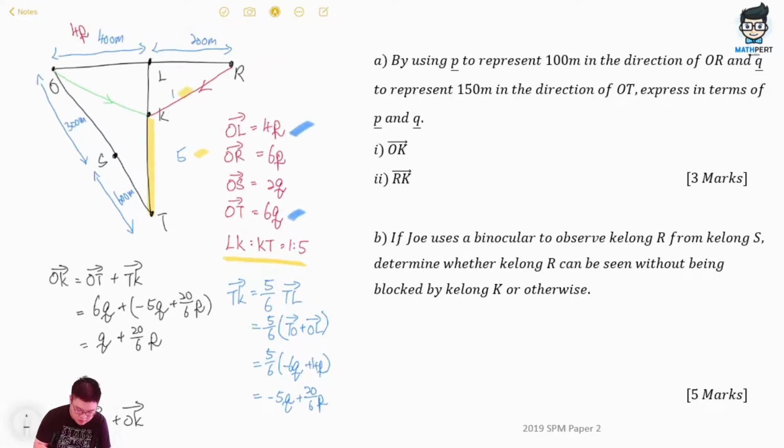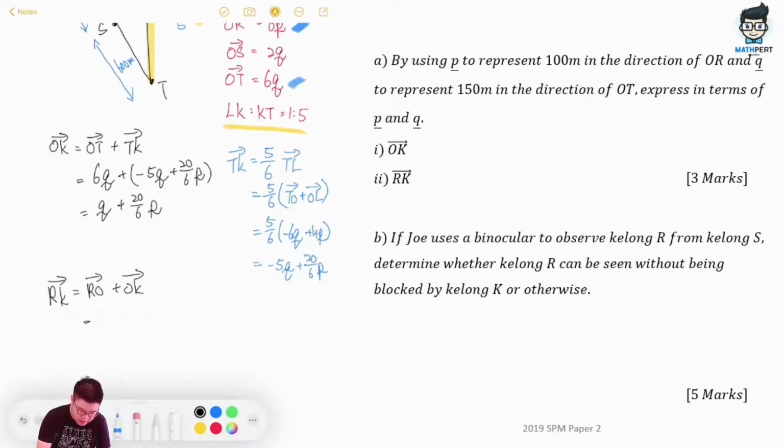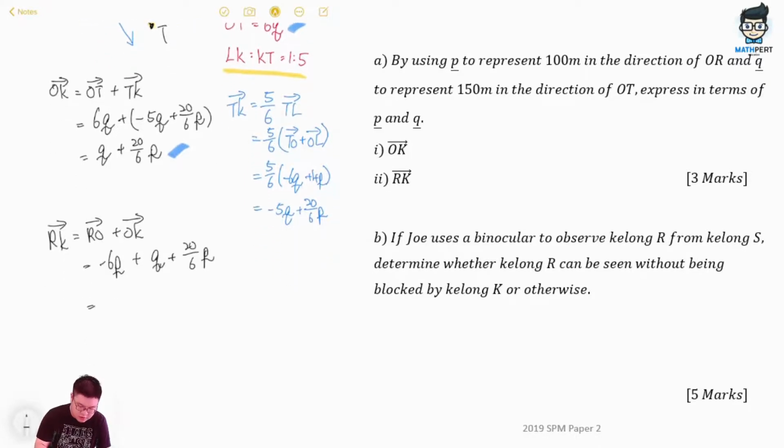So what is RO? RO is here. We have OR is equals to 6P. RO will be negative 6P. So negative 6P plus OK. OK is here. We already have the answer. So OK is Q plus 20 over 6P. Okay, let me get my calculator.